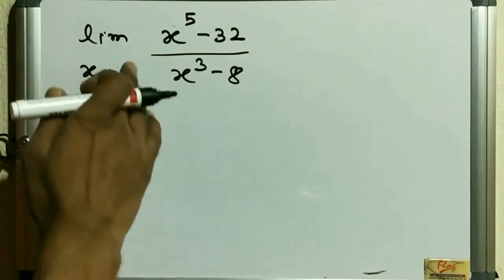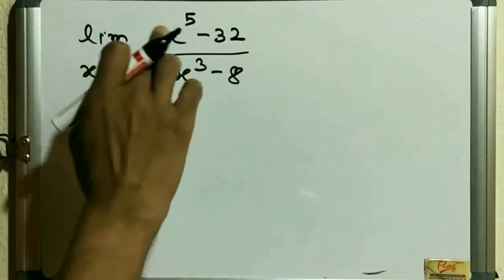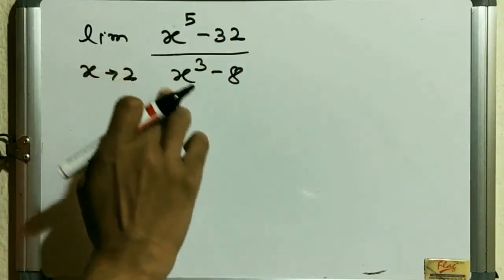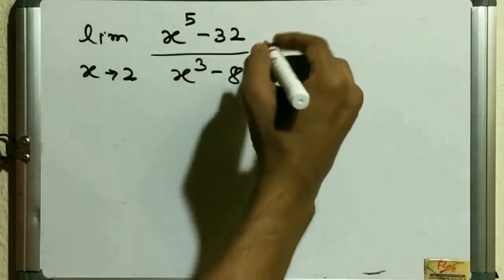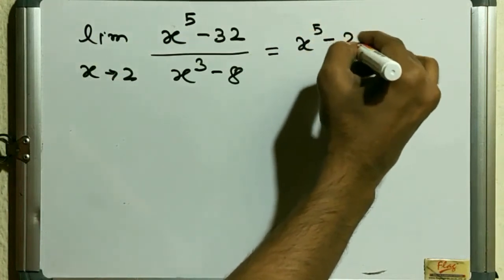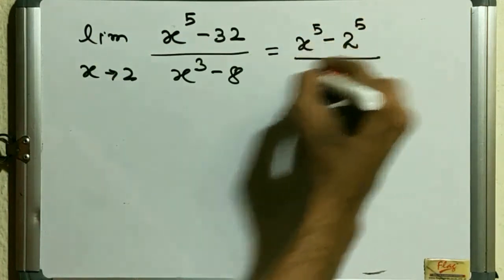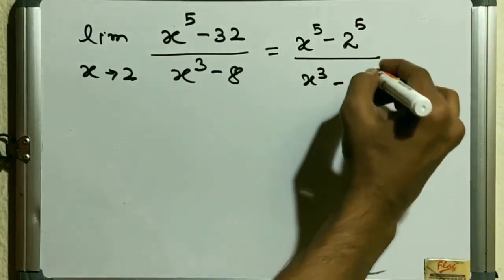Based on the theorem we have just gone through, let us try to solve this particular limit problem. The question is (x5 minus 32) divided by (x cube minus 8), x tends to 2. Now we can write this as (x5 minus 2 to the power 5) divided by (x cube minus 2 to the power cube).